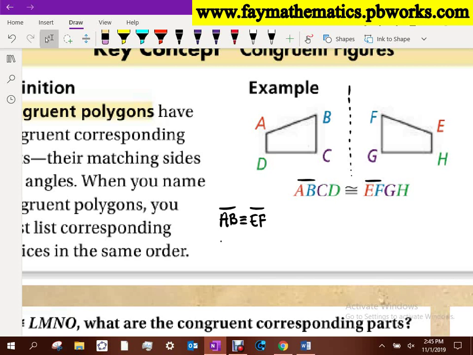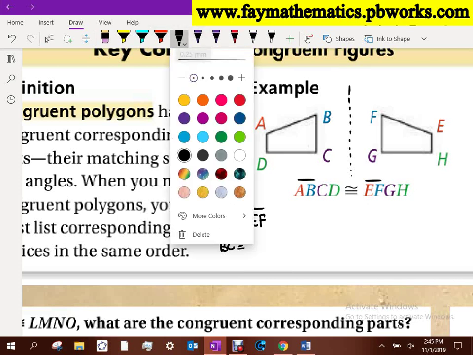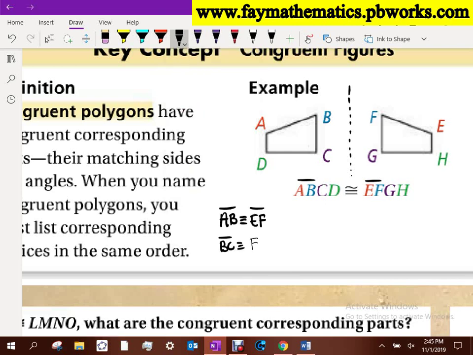Okay. What should BC be congruent to? FG, good. Okay, so that'd be the second two. The third grouping would be C and D. What should CD be congruent to?